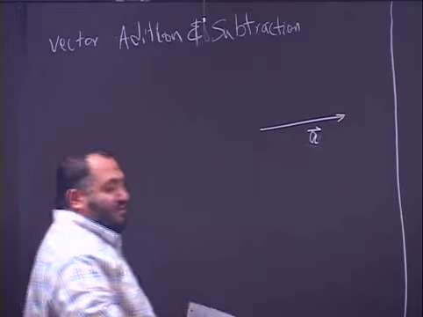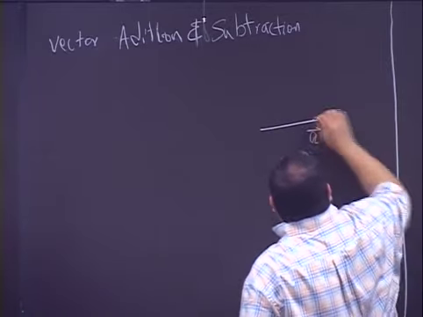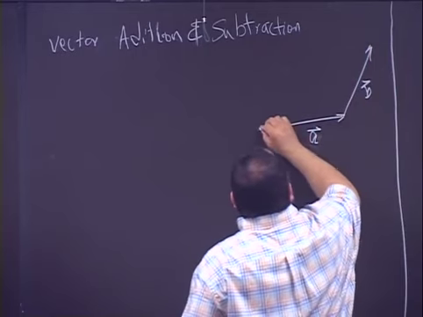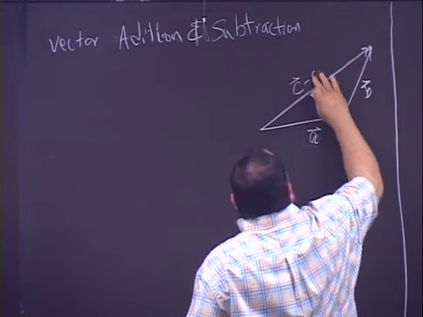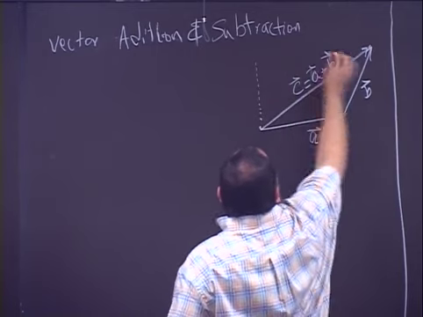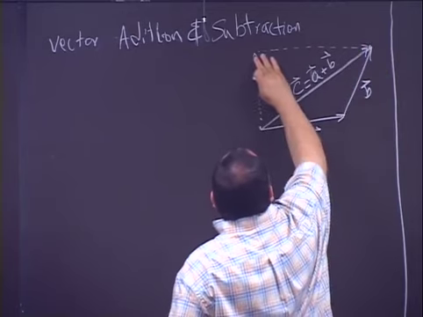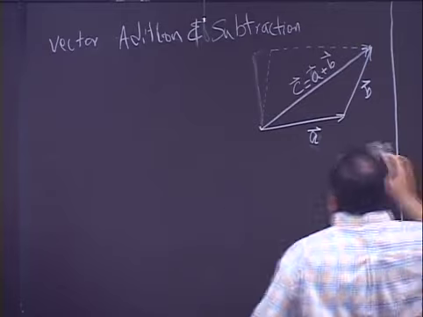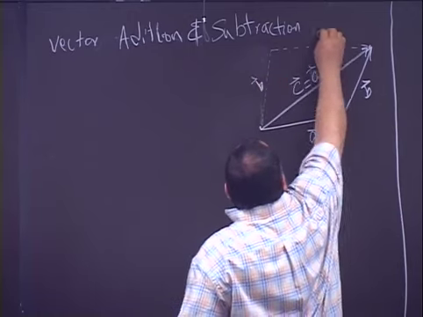So whatever the reference you want, you can adapt it. So let's assume that you have a vector here, A, then you have another vector here, B, and this is the resultant vector, C, and C equals A plus B. So if we continue the parallelogram like this, this will be B also, and this will be A.